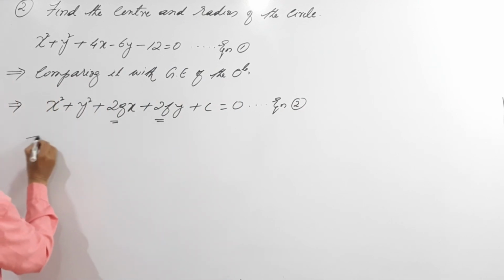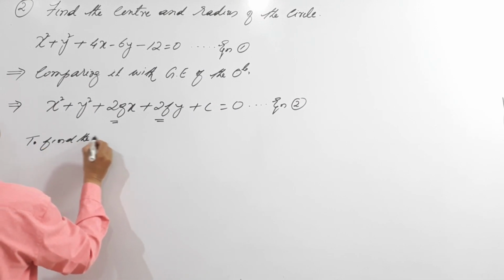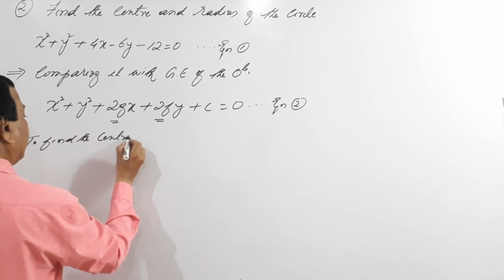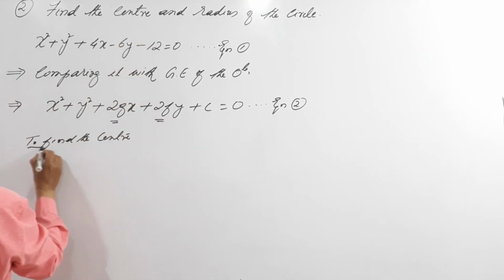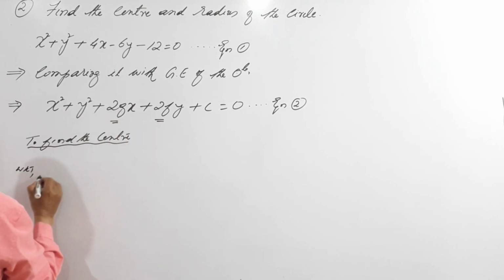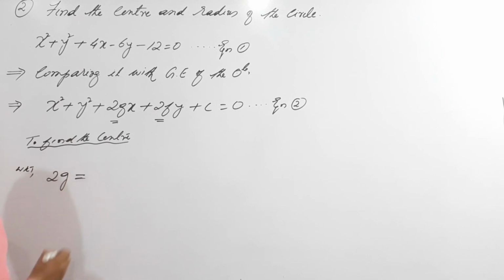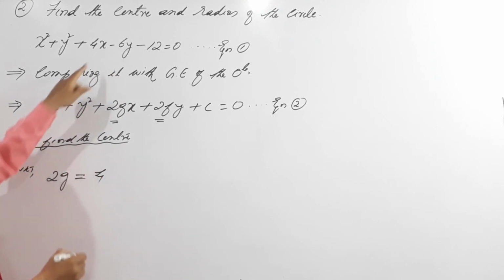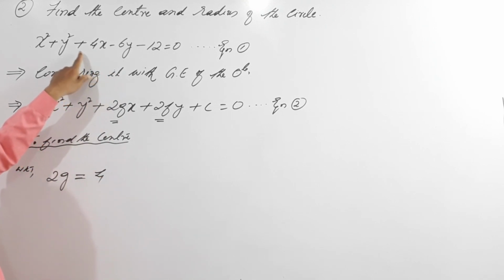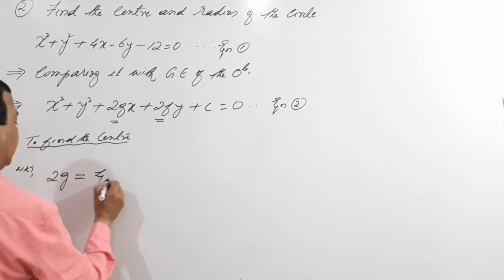So to find a center, isn't it? We know that 2g equals, what is the coefficient of x in this? It is 4. Capture the coefficient of x. So we have plus 4. So what happens to g?